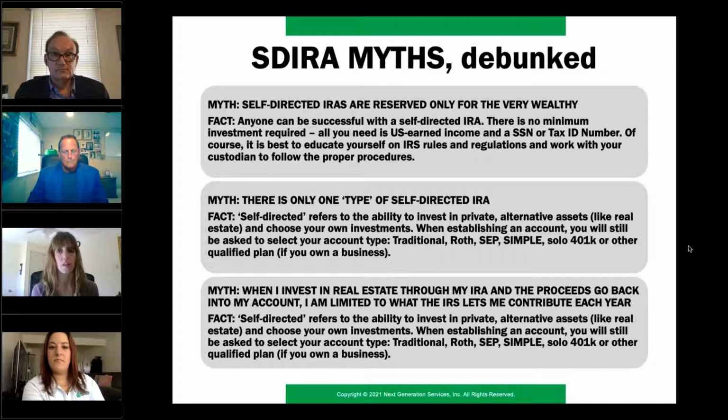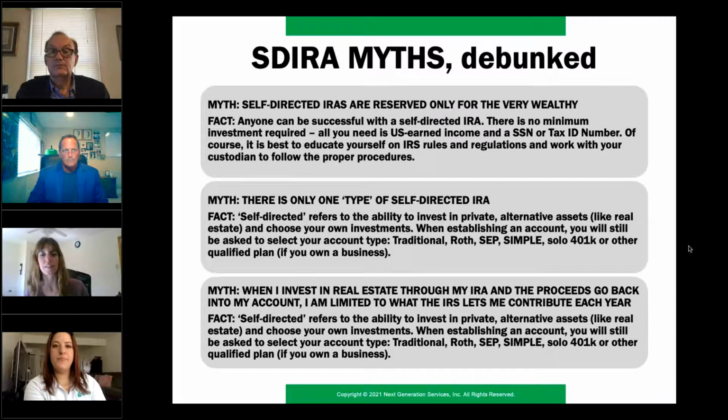I think it's just key that anyone doing this takes the time to educate themselves to understand the guidelines, the process, and the rules and regulations, which I'll talk about in a few minutes. But the second misconception, I think, also is that a self-directed IRA is like a type of IRA.